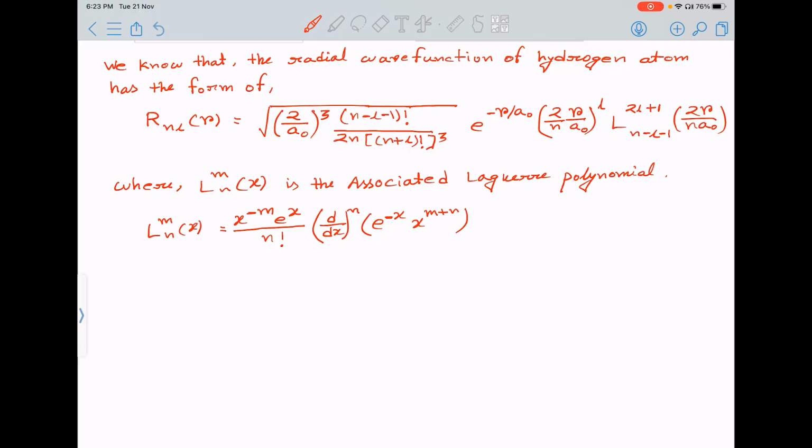So this is the form of this Laguerre polynomial.